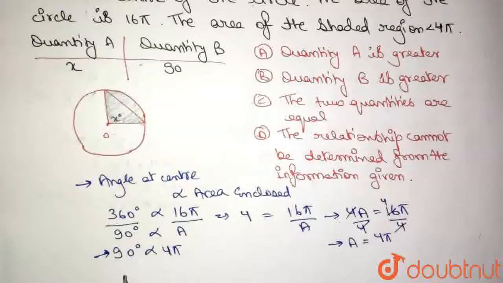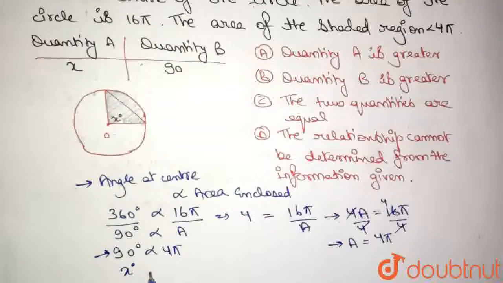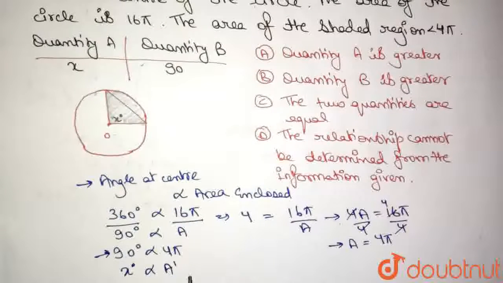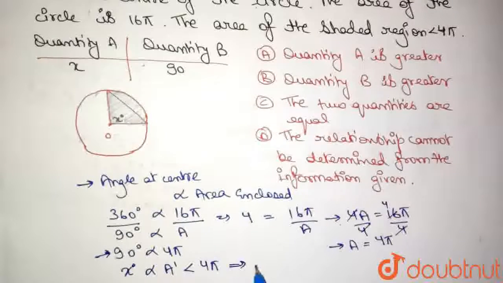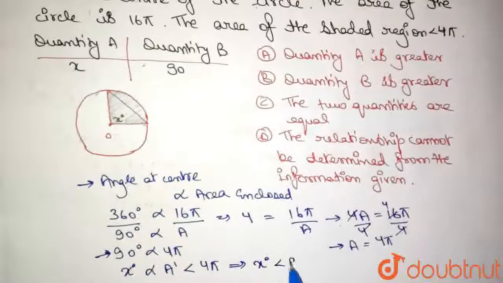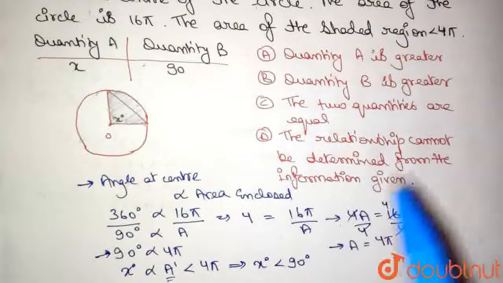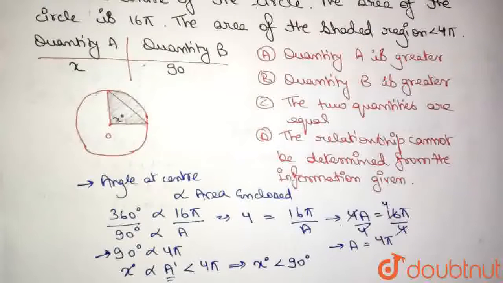So if it is x degrees, it is proportional to something, right? So I will call this value a dash area, which is less than 4 pi. That simply means that x degrees is also less than 90 degrees. So I can conclude from here that x degrees is less than 90 degrees because the corresponding area is actually less than 4 pi, which is given to us in the question, right?